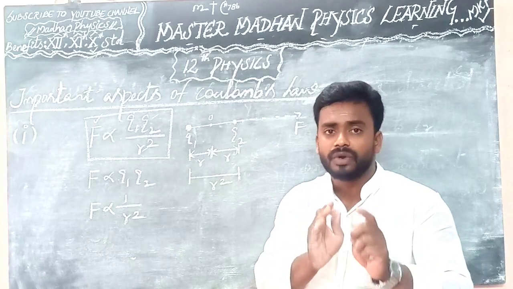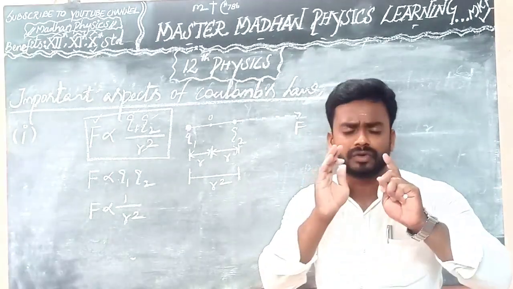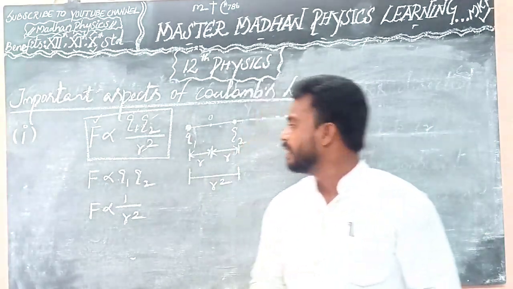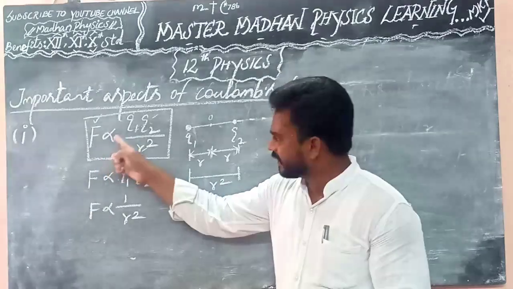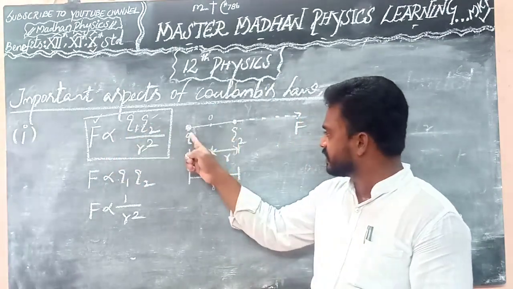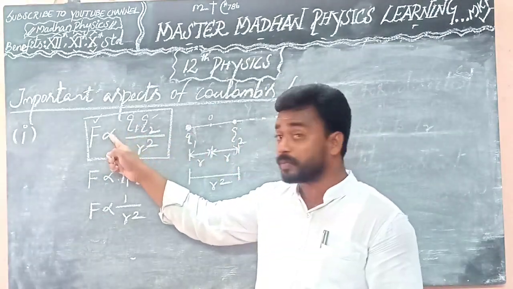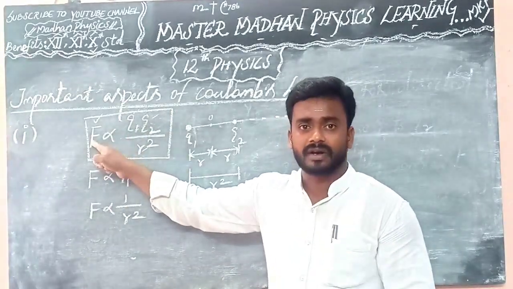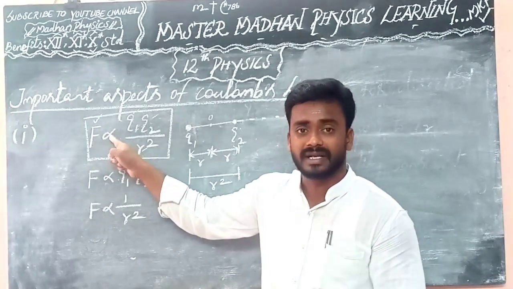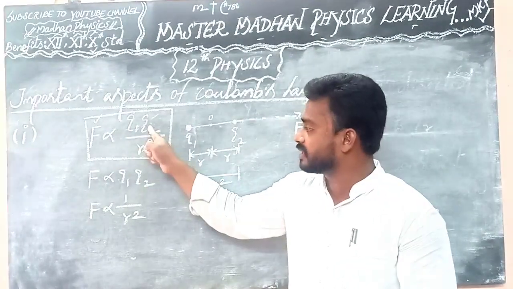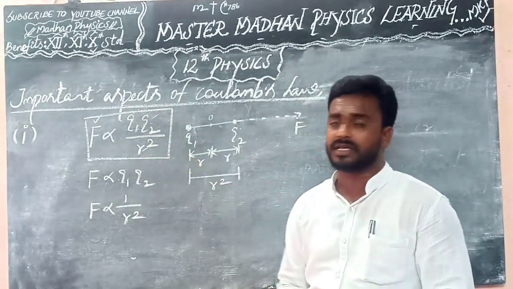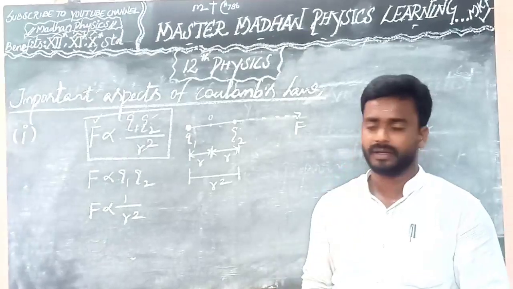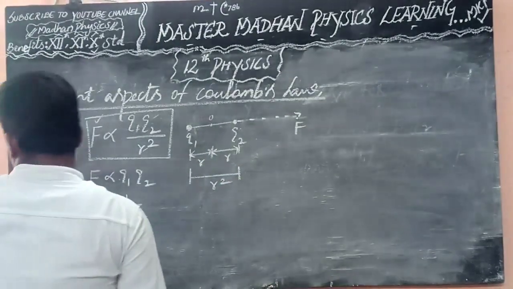Coulomb's law is applicable only for point charges. The force of attraction or repulsion between two point charges is directly proportional to the product of the charges and inversely proportional to the square of the distance between them. That is the first point. Keep it in mind.